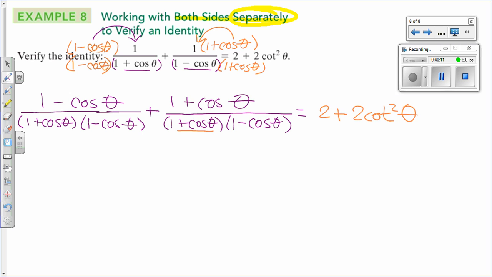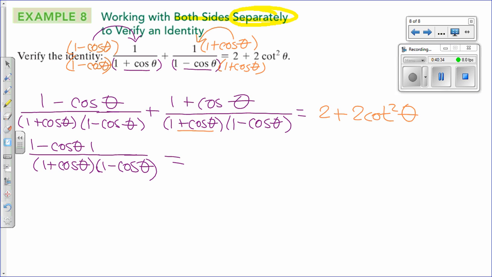Now, since we have the same denominator, we're going to write everything under one fraction. And we will have 1 minus cosine theta plus 1 plus cosine theta.